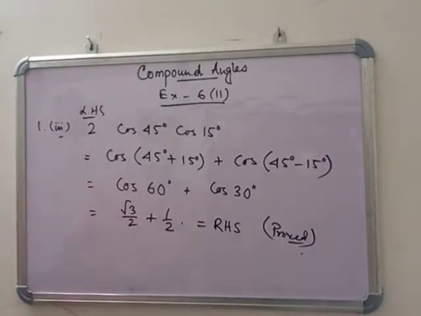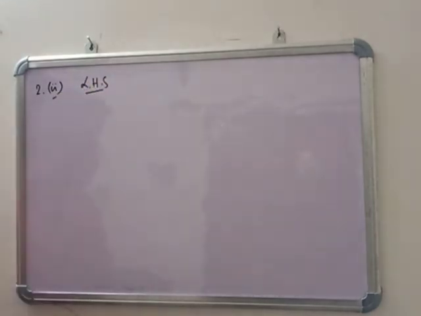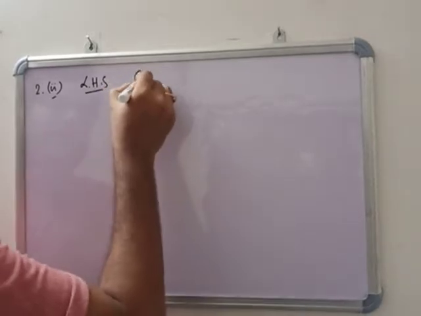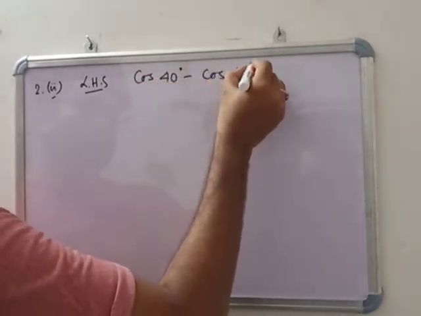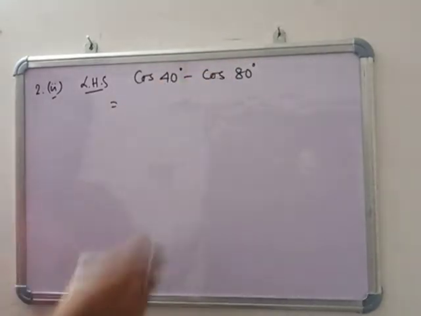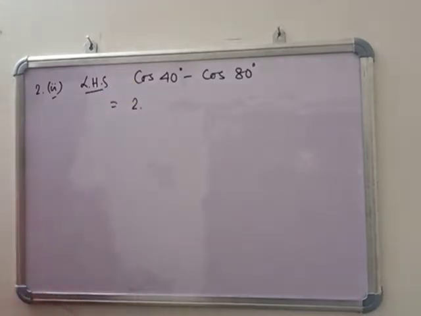Okay. Next one. In question 2, see that the LHS is cos 40 degree minus cos 80 degree. So cos C minus cos D. Okay, the formula for cos C minus cos D is 2 sine of C plus D by 2 into sine D minus C by 2.